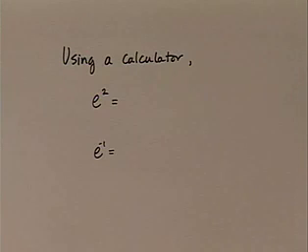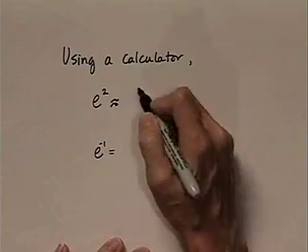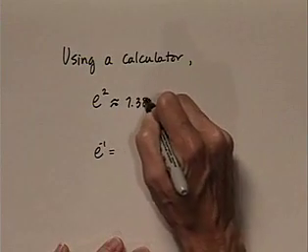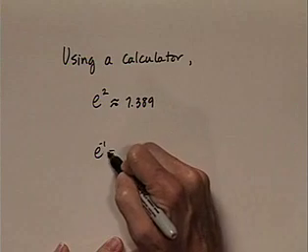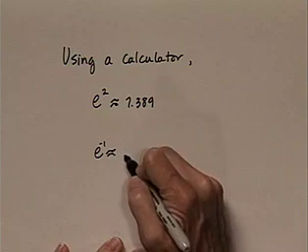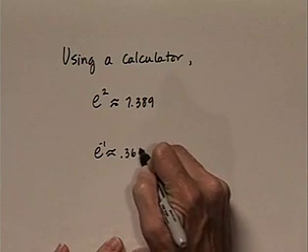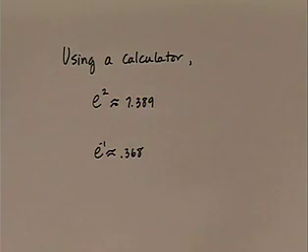The other calculation we want to make is e to the negative 1, and that number's about 0.36787. So we could say e squared is approximately 7.389, and e to the negative 1 is approximately 0.368 if we were to round.